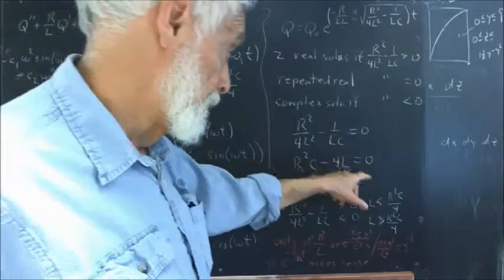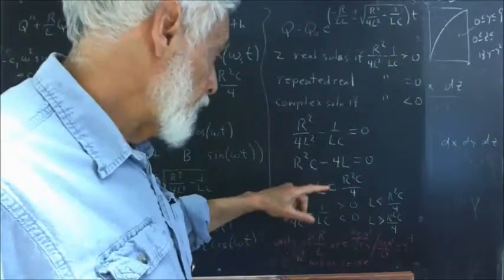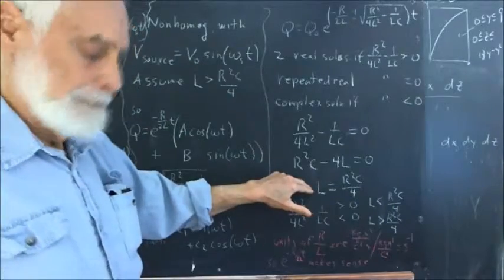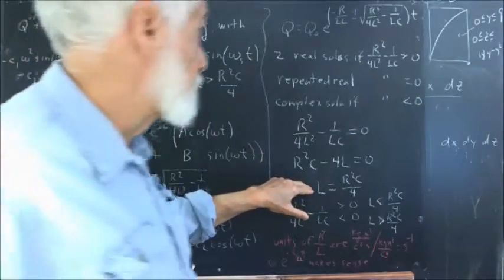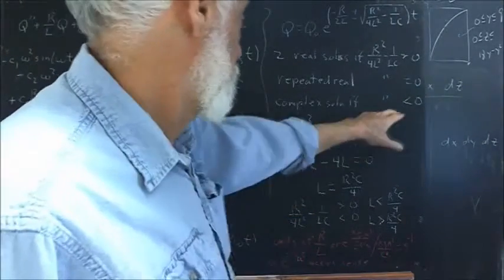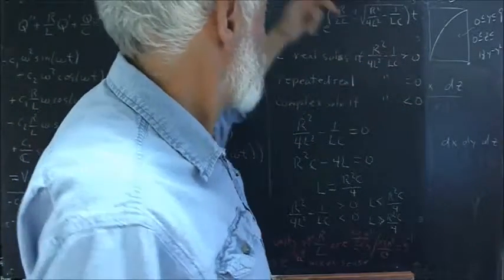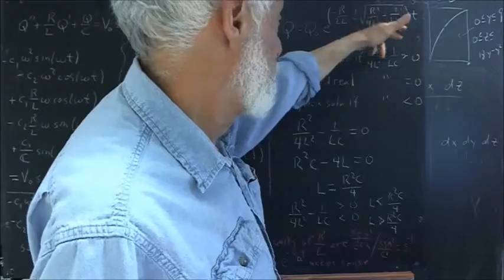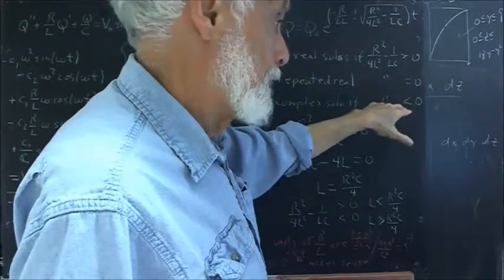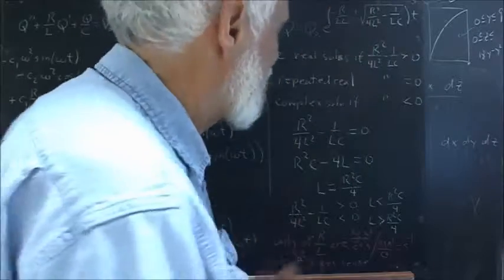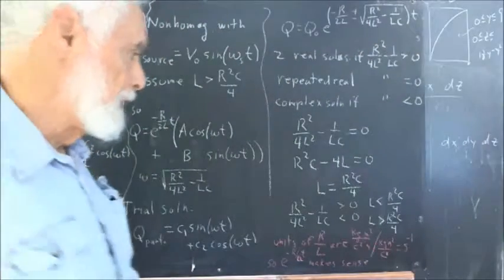L equals r squared c over 4. Okay, that's the transition of the behavior of the system from the solution where your discriminant is negative to the solution where your discriminant is positive. Transition from an oscillating behavior to a combination of exponential behaviors.